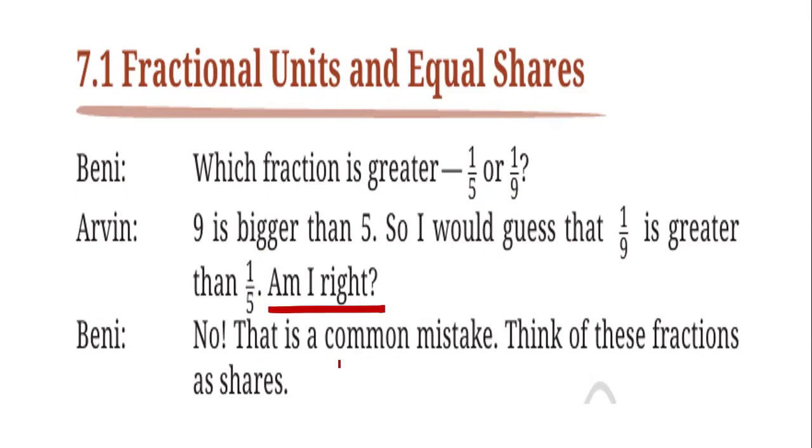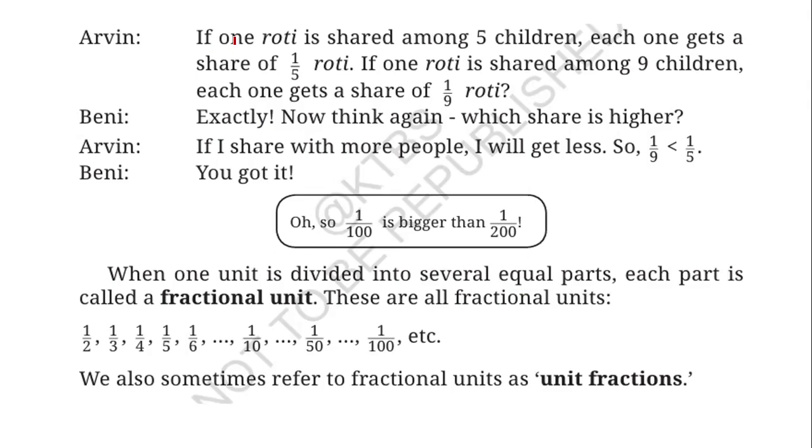Because that is a common mistake. Think of these fractions as shares. One roti is shared among 5 children; each one gets a share of 1/5 roti.